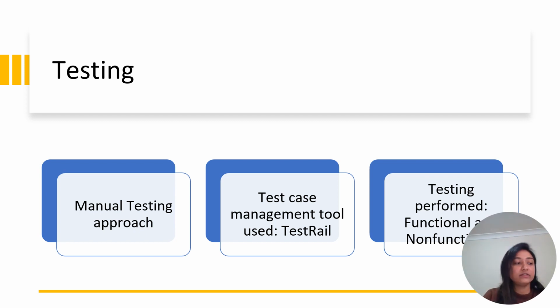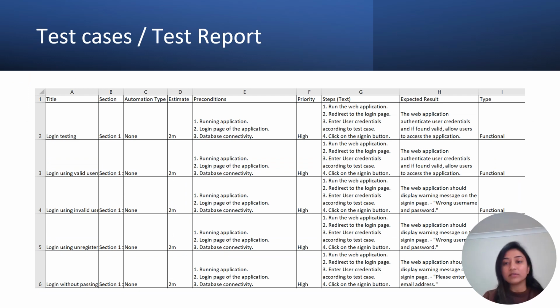TestRail is the best because it gives automated test results with filtering options and CSV file import, and a complete picture of the report. I performed functional and non-functional testing, and that is the report I created in an Excel sheet from Sprint 1 to 3.